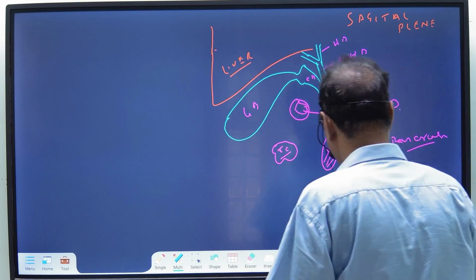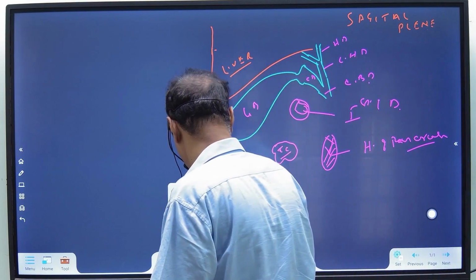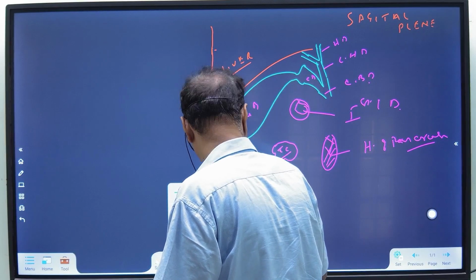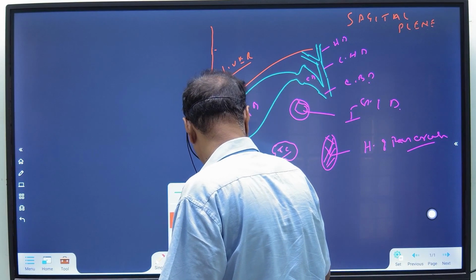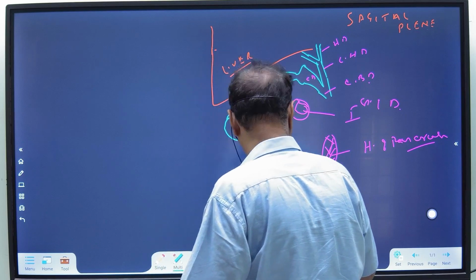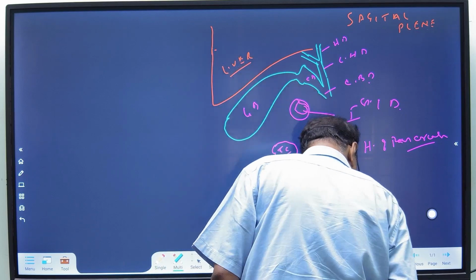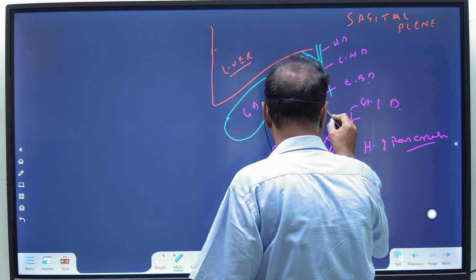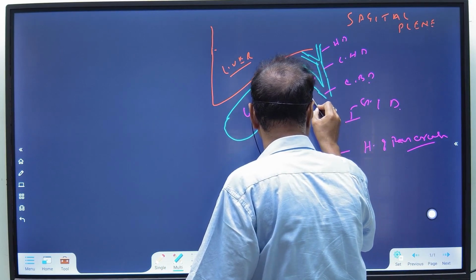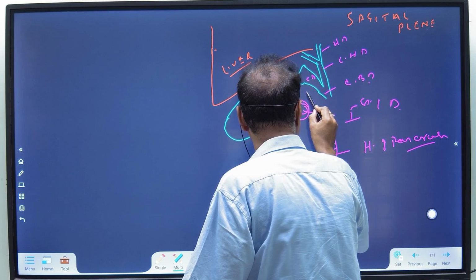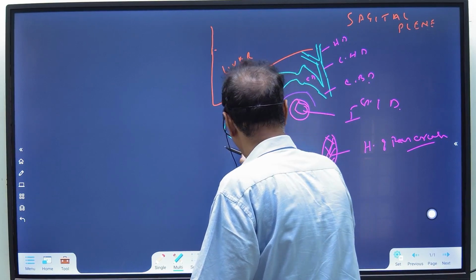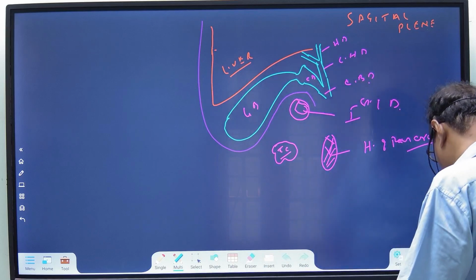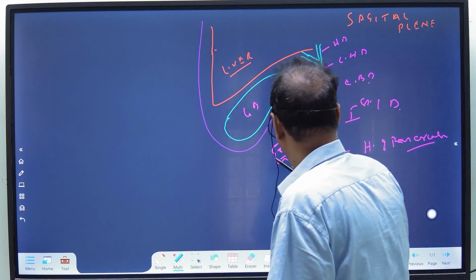Now we will see the reflection of the peritoneum. The first part of duodenum over here. And this color is the picture of the peritoneum.